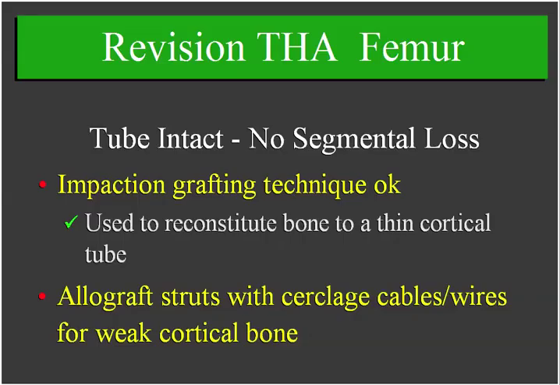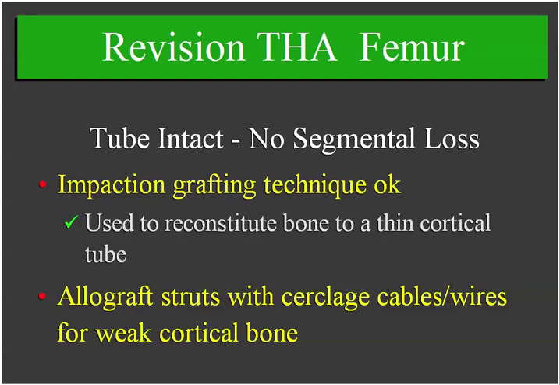In revision femur, if the tube is intact and there's no segmental loss, you can use an impact grafting technique. That's why you have a big capacious canal, and what you use is you put allograft bone inside the canal and you impact the bone against the wall, and then you cement in the stem.